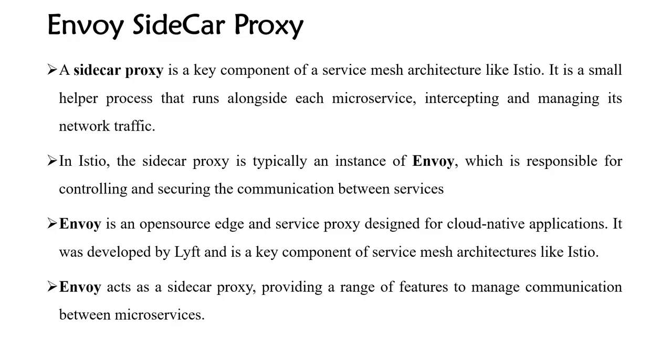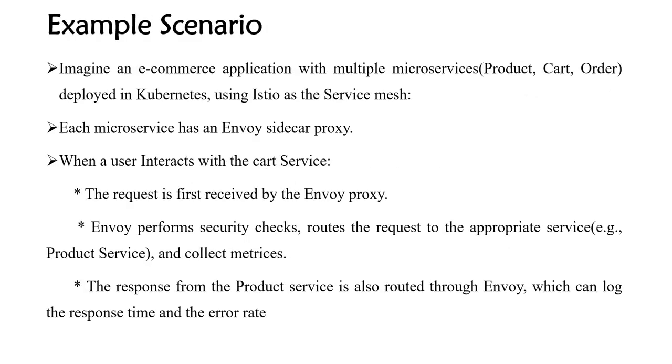The next is Envoy. Envoy is an open source edge and service proxy designed for cloud native applications. It was developed by Lyft and is a key component of service mesh architectures like Istio. Envoy acts as a sidecar proxy, providing a range of features to manage the communication between microservices.